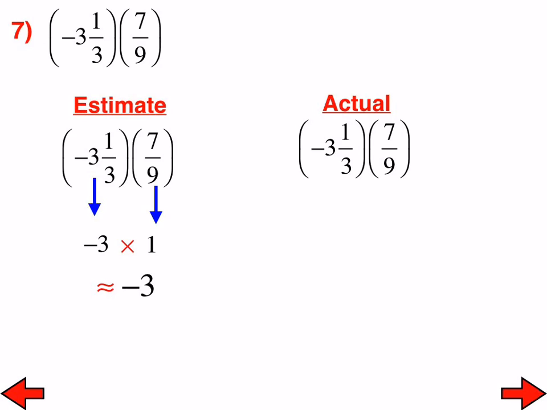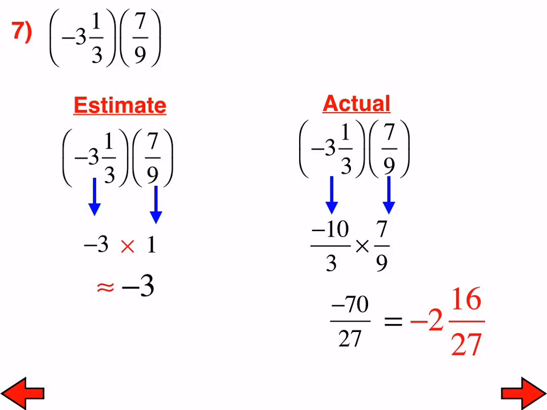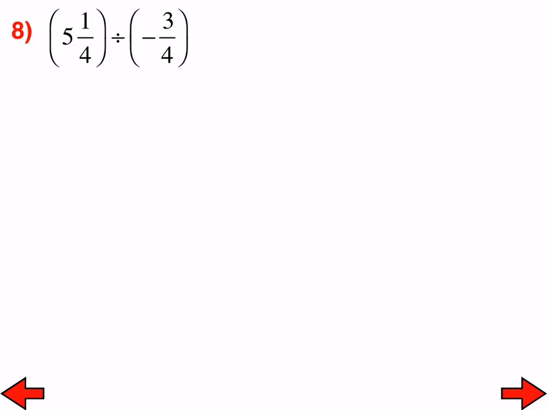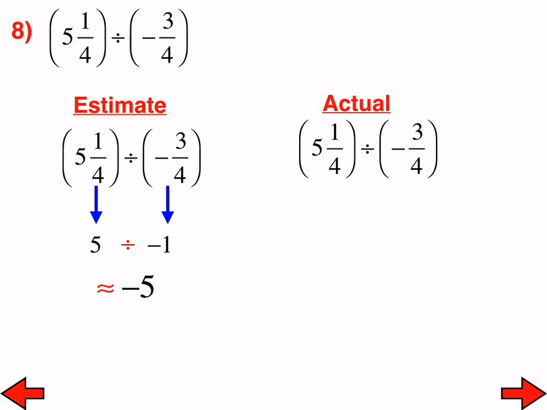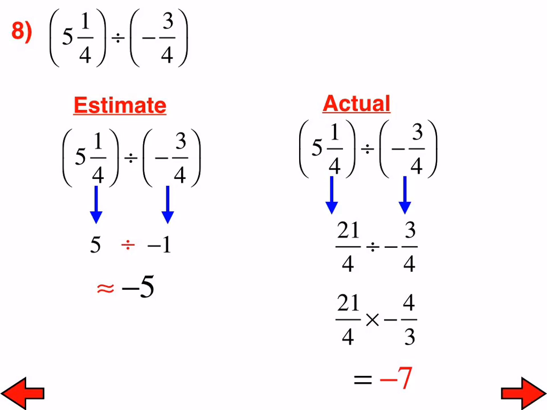And then the actual product should be -2 and 16/27. Okay? Number 8, we were supposed to do the same thing, but this time with a division problem. My estimation would look something like this: 5 divided by -1, which of course is approximately -5 as far as my estimate goes. And then the actual quotient would be -7.